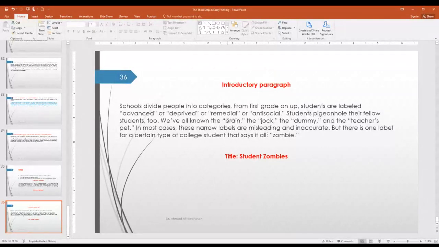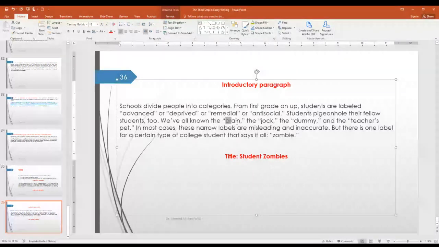He used a kind of metaphor here, right? Teacher's pet doesn't mean he's a cat or the most beloved one to his teacher. In the class, we can see that Muhammad, for example, is the brain of the class. That means he's the most intelligent student.